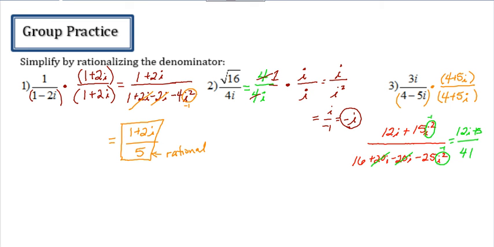I'm going to make this a little clearer over here. So our final answer is 12i minus 15 over 41. And now that my denominator is rational, I can finish. It doesn't matter that the numerator isn't terribly pretty, that's fine. My denominator has been rationalized. That was the goal.